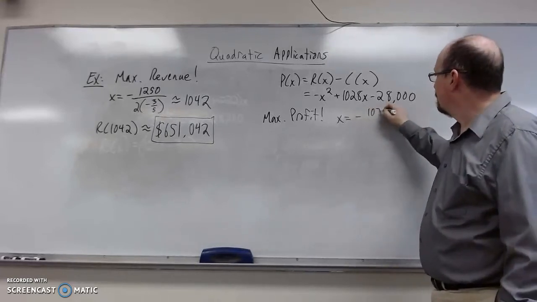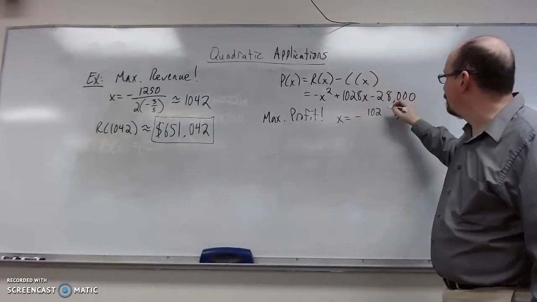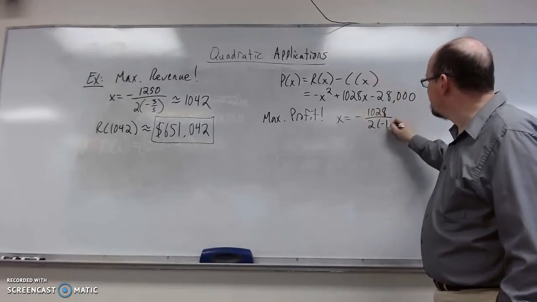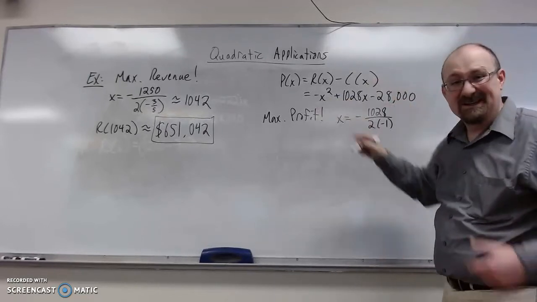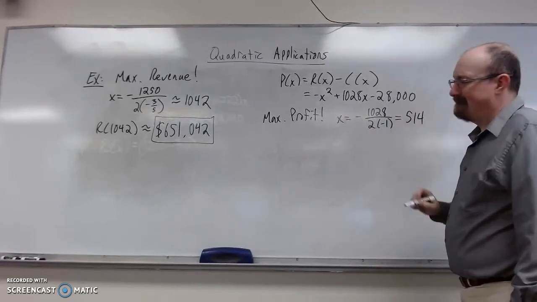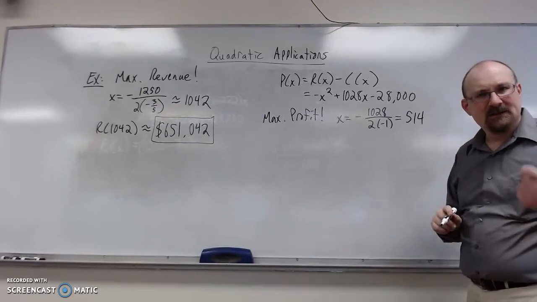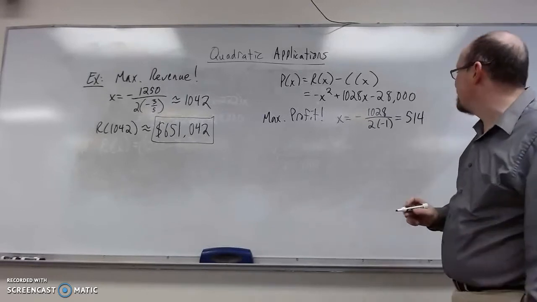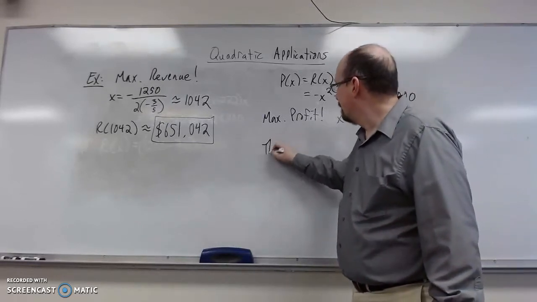So negative the coefficient of x, which is 1028, divided by 2 times my a, which in this instance is -1. And that gives me 514 for the production level that maximizes profit.